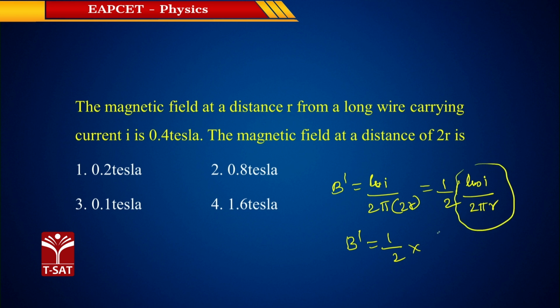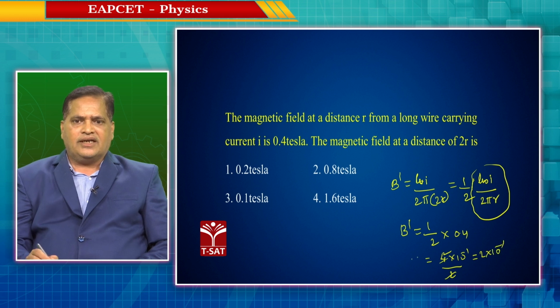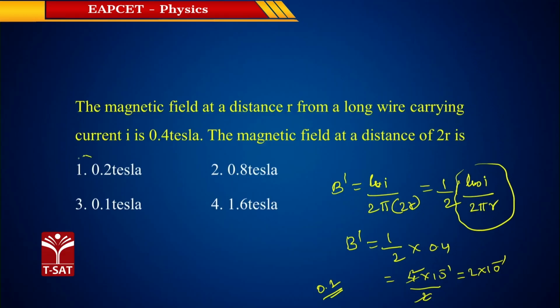Here this value is given what? 0.4 children, 0.4. Therefore, 4 into 10 to the power minus 1 by 2. Therefore, 2 into 10 to the power minus 1, that value is what? 0.2. 0.2 Tesla is there. This is the answer.